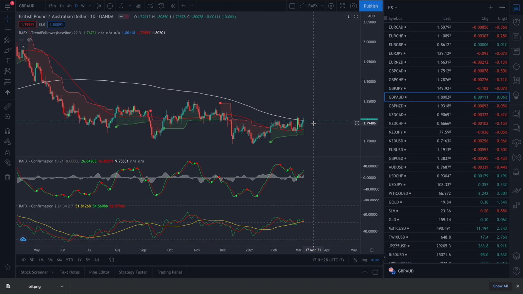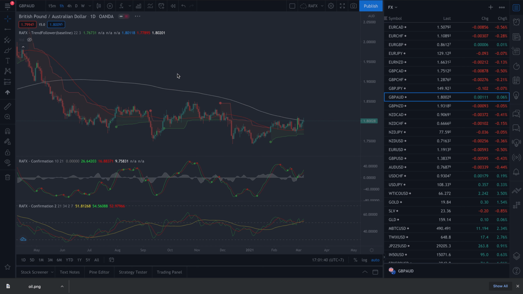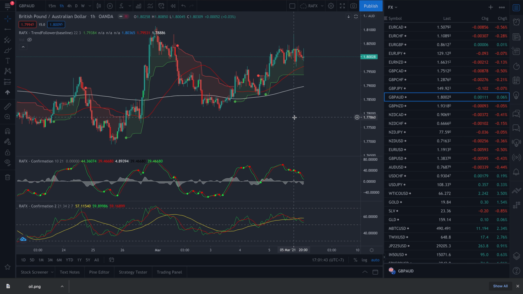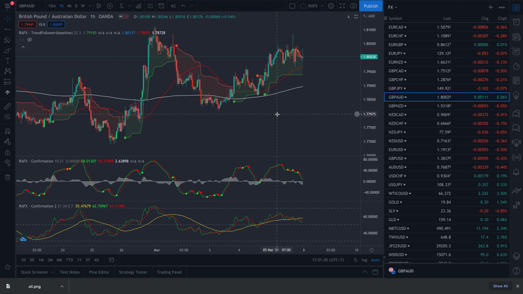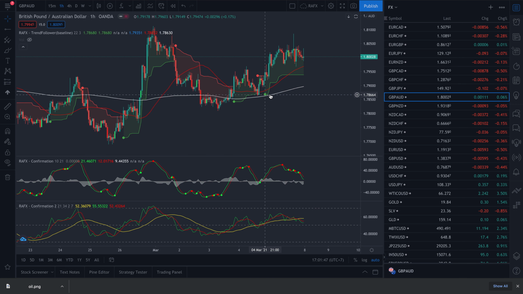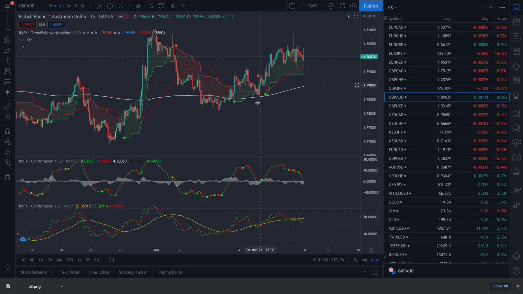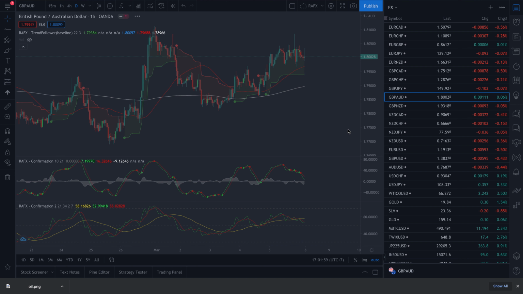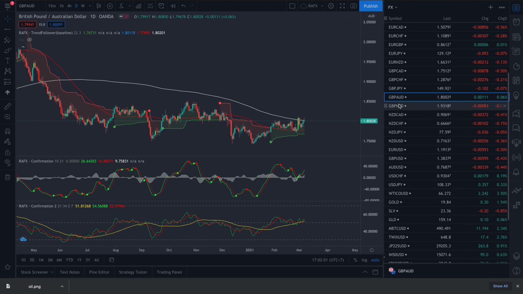So this one, I'll look into 1 hour time frame for any short trade. Let's check 1 hour. Okay, so definitely we don't have it yet because it is giving us a long signal which is against the daily time frame that we have. So in this case, we are going to pass GBP AUD and move on to the next.